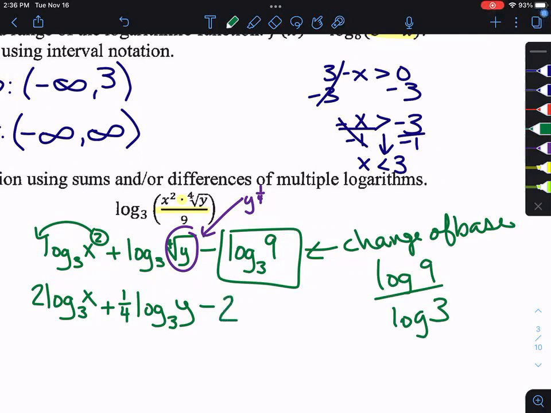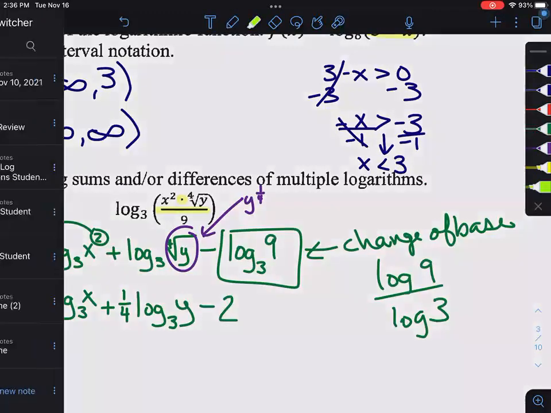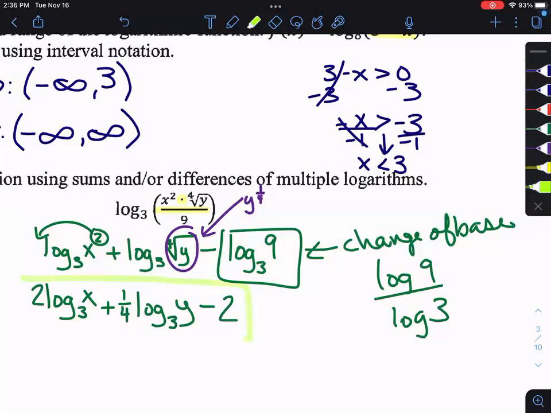So we're going to simplify that to 2. So this right here is our final answer. So 2 log base 3 of x plus 1/4 log base 3 of y minus 2.